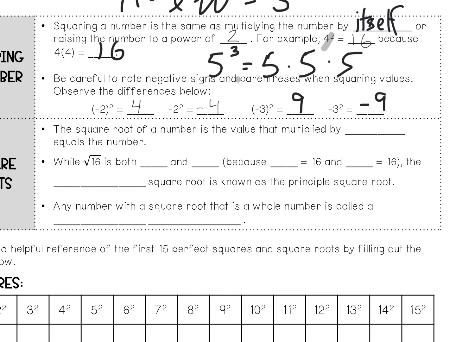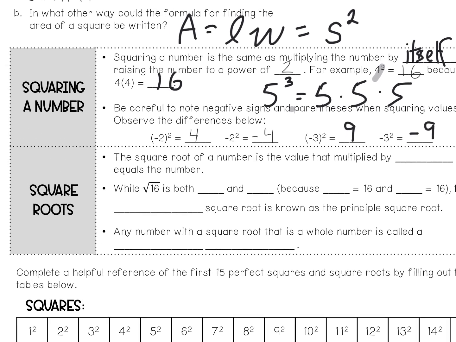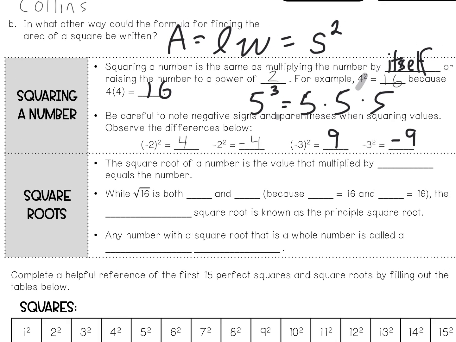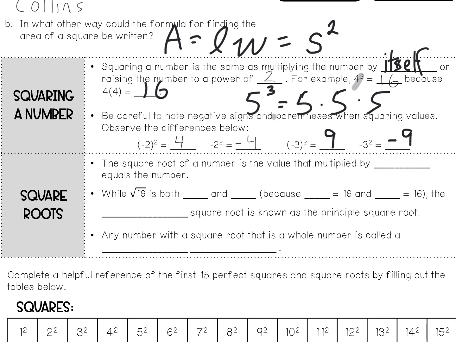So the square root of a number is the value that is multiplied by, what do you think? So let me reread that. The square root of a number is the value that multiplied by itself equals the number. Okay?